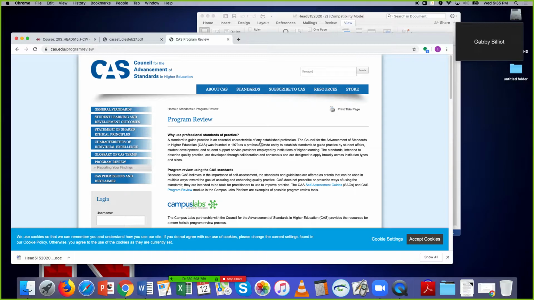And so it comes down to this whole thing of how can we prove what we're doing is making a difference in the lives of students. And if we can't prove it, administrations are going to get rid of the programs and services.